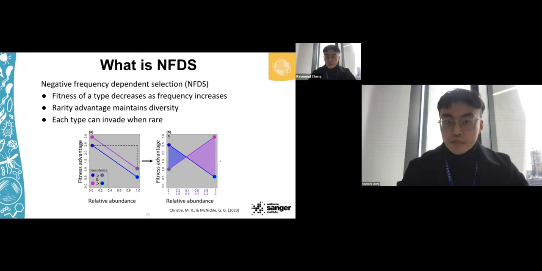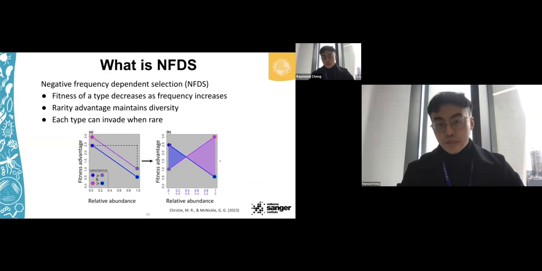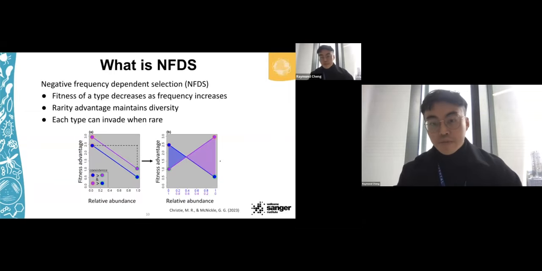If you see the left-hand side scenario, this indicates that the population is full of the purple type without any blue types. But once the blue type invades this purple type population, it will start to increase its frequency because the blue type fitness is higher than the purple type. And it will increase until this point, 40% blue type and 60% purple type. It will reach this equilibrium.